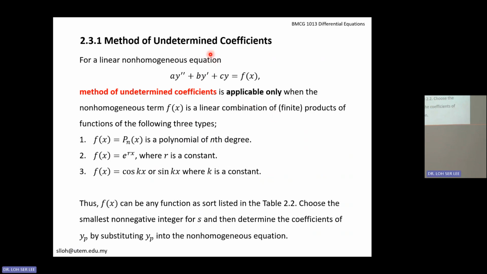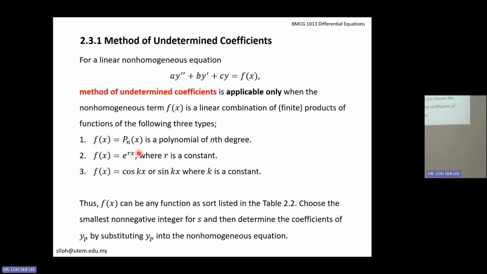The method of undetermined coefficients is applicable only when your right-hand side function f(x) is a linear combination of products of functions of these three types: polynomial, exponential, or cos or sine function. But the exponential function accepts only this kind, meaning x to the power of 1.